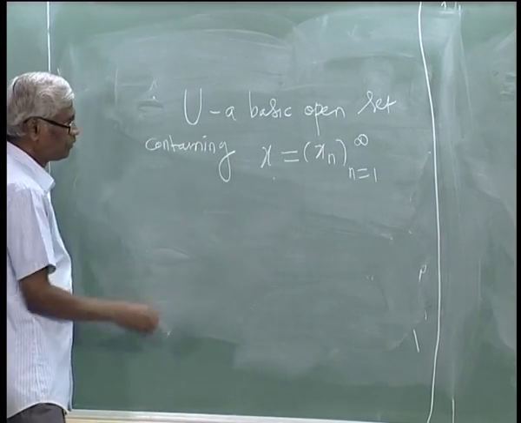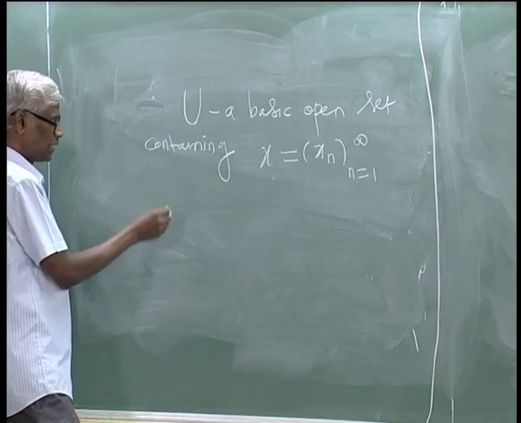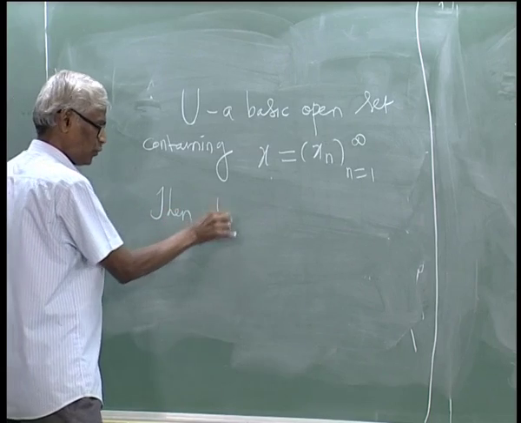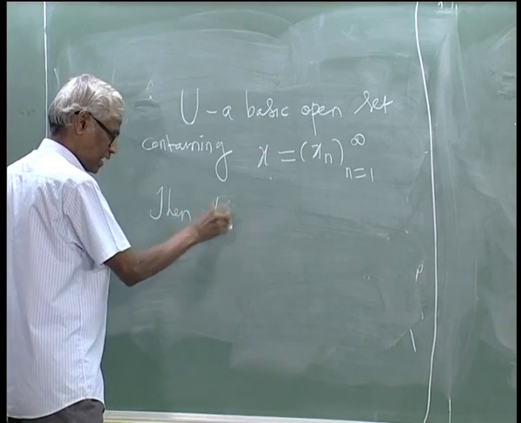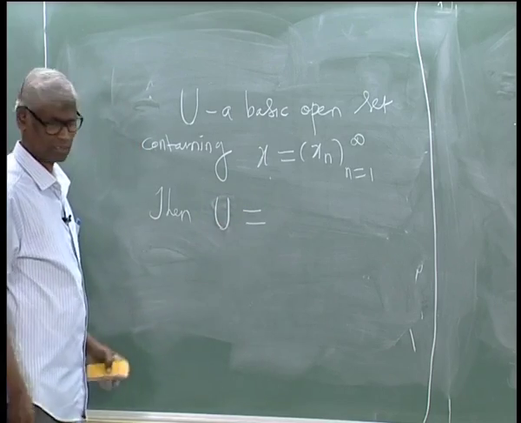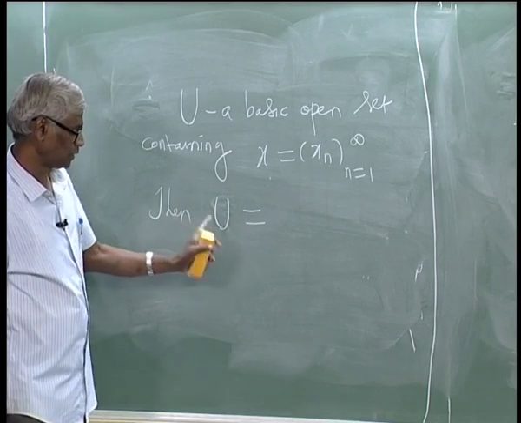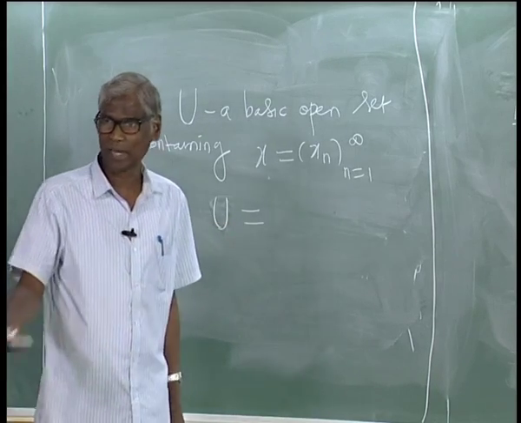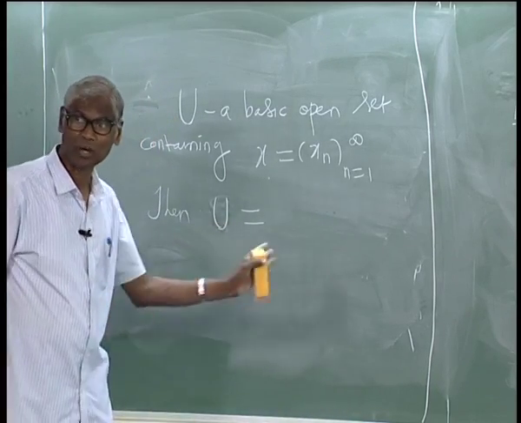Because it is a basic open set, and this is the same reason we have taken a countable collection, it means that except for finitely many, the remaining components are all the whole space.